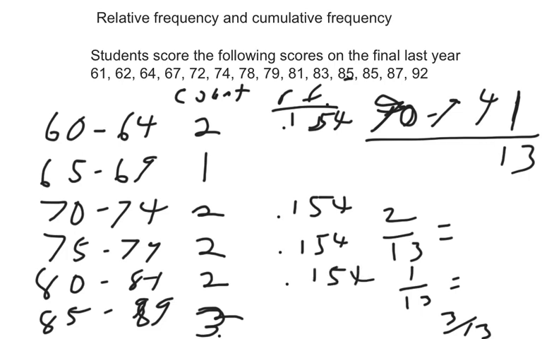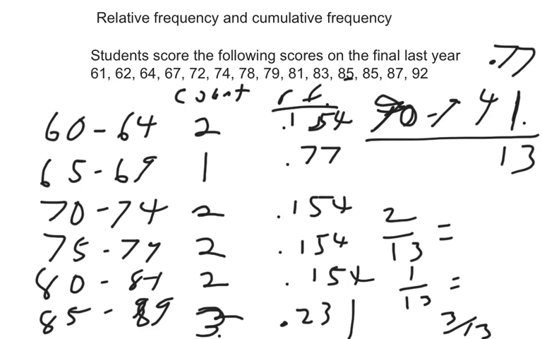So all of those had 0.154, 0.77 here for both of, I'll write it up here because I don't have room, and then this, the 3 was 0.231. And these are the relative frequencies because they're giving me the percentage that are in that group.